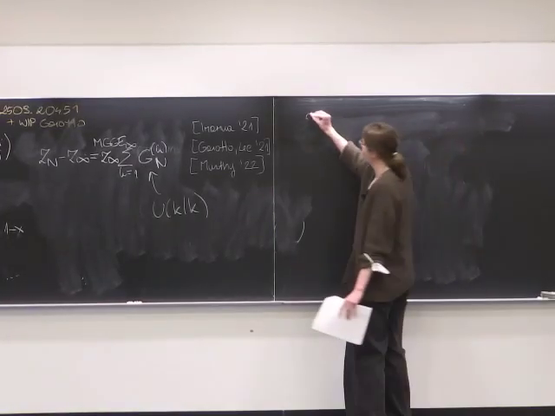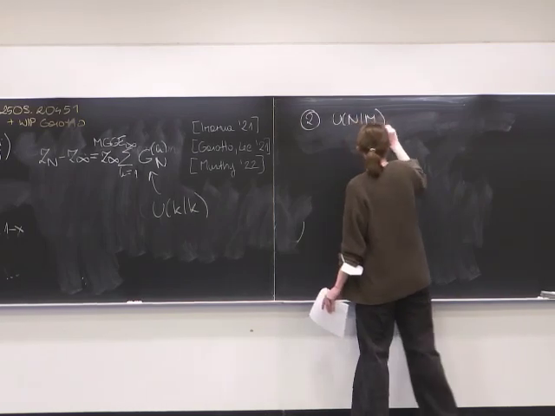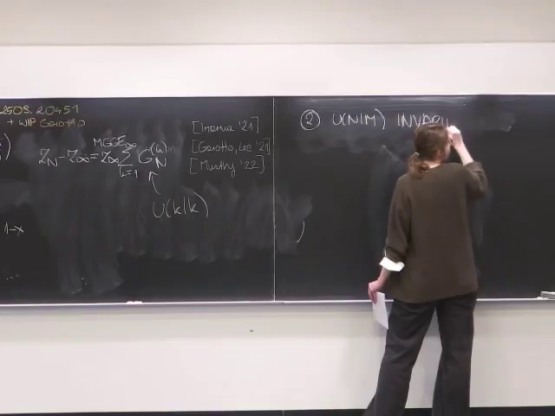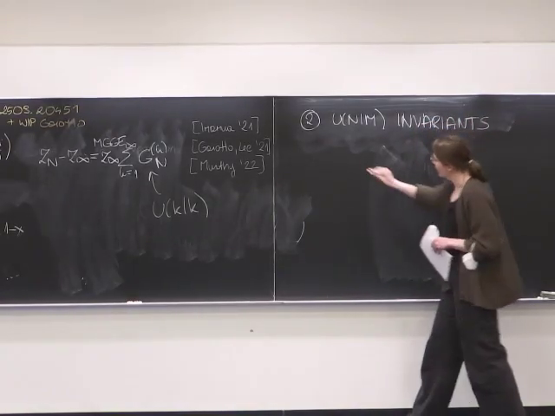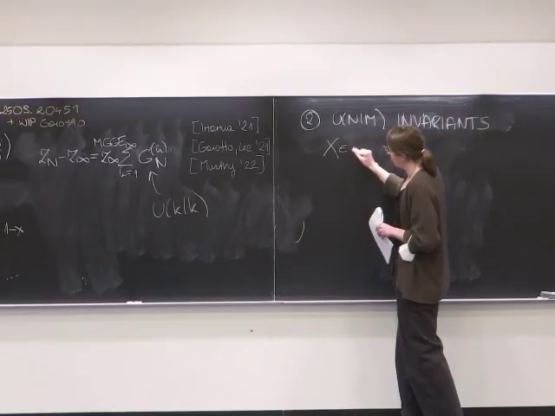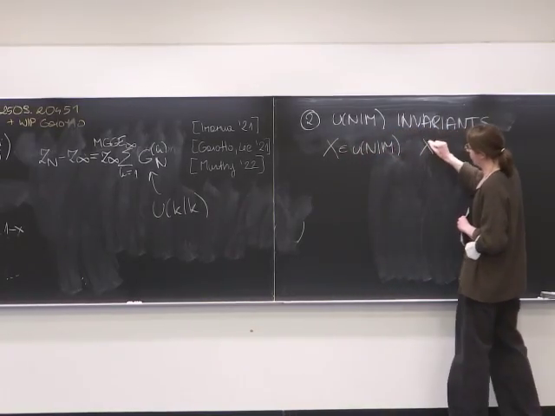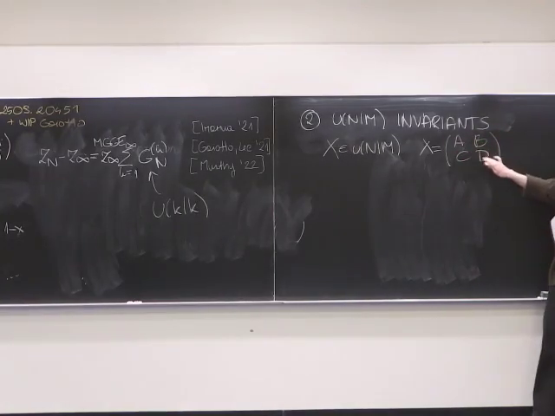Okay, so now we are going to discuss U(N|M) invariance. We have a U(N|M) matrix, so it looks like this. A and D are bosonic blocks, and B and C are fermionic blocks.